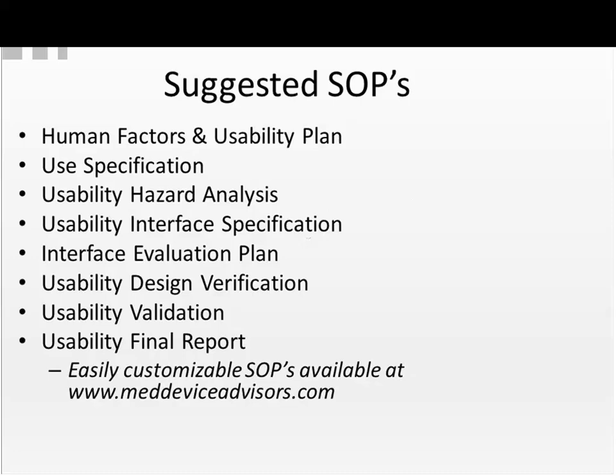The SOPs that you should have are: how to describe the human factors and usability plan, how to create a use specification, how to do the usability hazard analysis, how to create the usability interface specification, how to create the interface evaluation plan, the design verification and validation, how to create the usability final report.